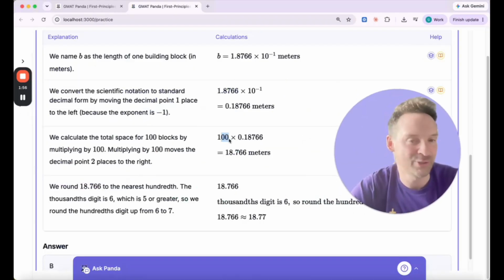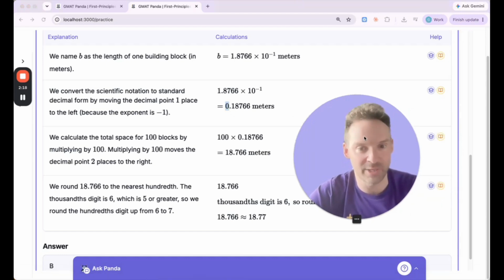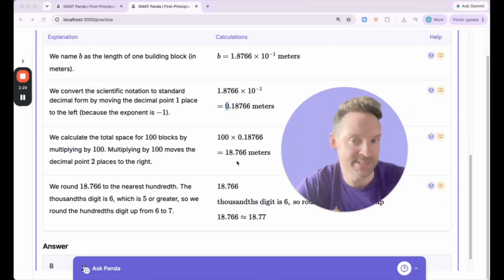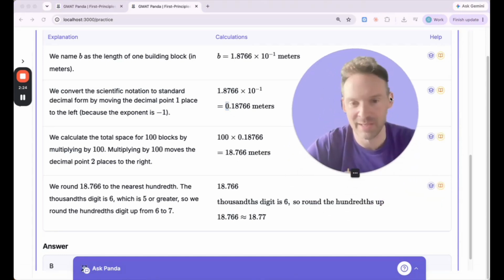In this case it's 2 because we have 2 zeros. So we go from 0.18 and then something to 18.766. So we've moved the decimal spot 1 step and then 2 steps, so we arrive behind the 8, but then we drop the 0 at the beginning because 0.18 is the same as 18.